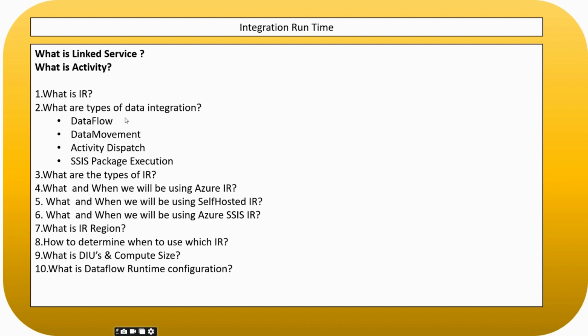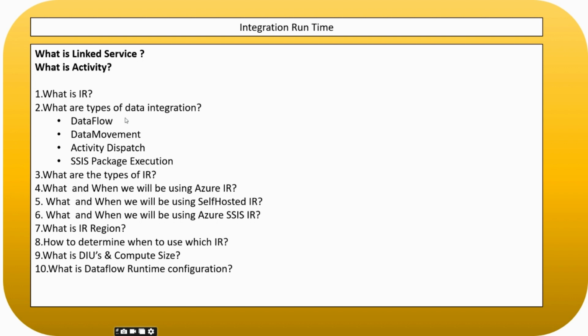If you have an IR in West US but your source and destination are in a different region, then even for a single task compute power is needed. Your IR is in a different region from the source and destination, so if the three need to be connected, it takes time, right?